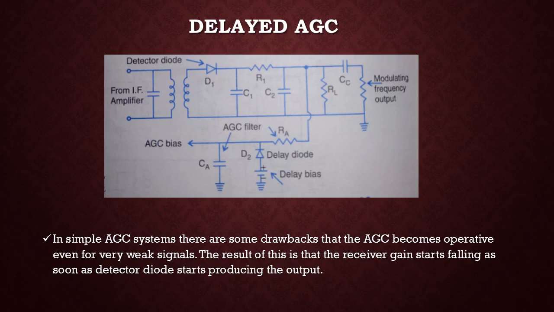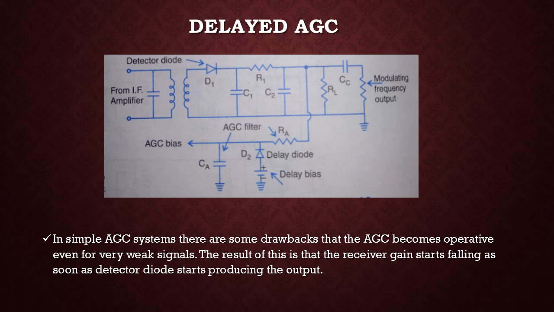Now, the next part is delayed AGC. Simple AGC systems discussed till now suffer from a major drawback, that the AGC becomes operative even for very weak signals. The result of this is that the receiver gain starts reducing the output.